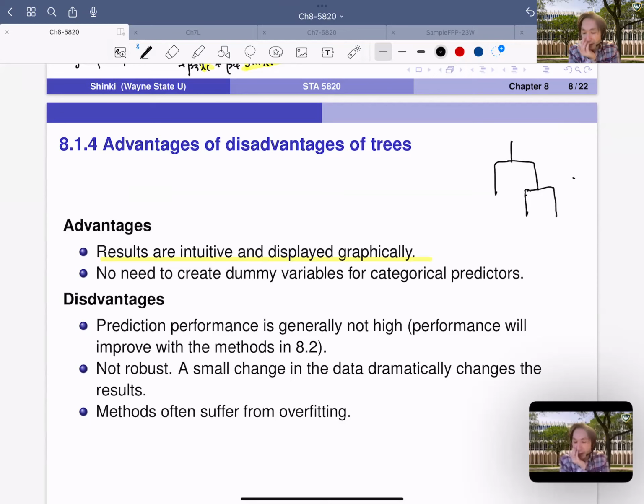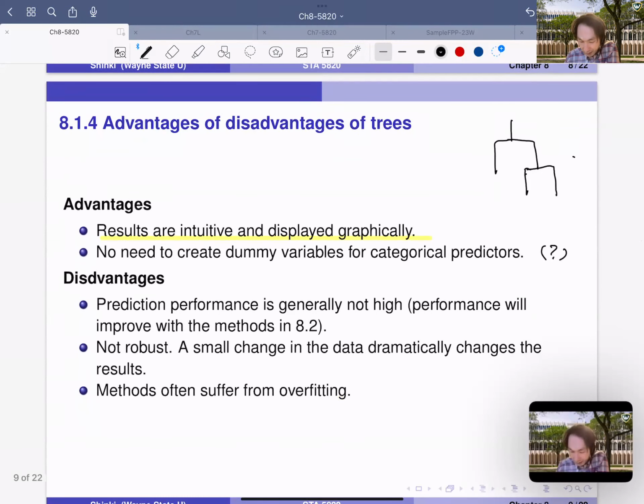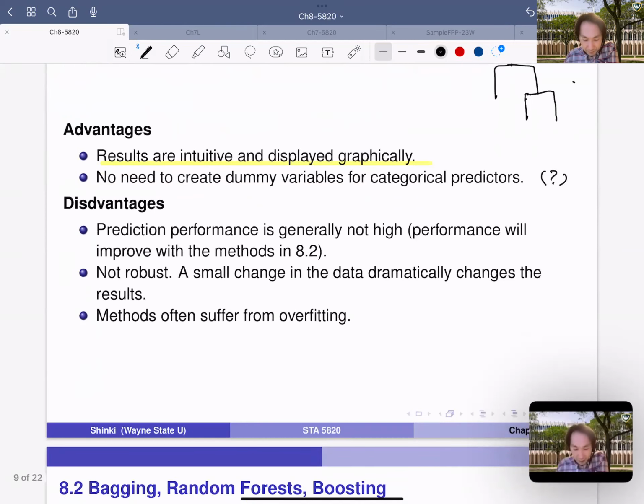Anyway, when we make a split, you have to consider how to split the variable. So this is a little questionable, but if there is a good built-in algorithm to split the categorical predictors into two groups, then it works great.